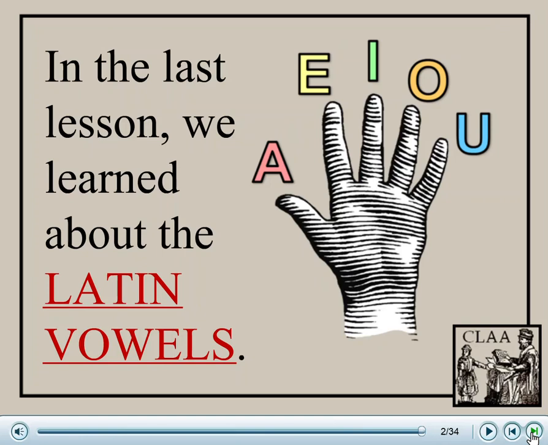In the last lesson, we learned about the Latin vowels. We learned about the vowel A, the vowel E, the vowel I, the vowel O, and the vowel U. These are the 5 Latin vowels.